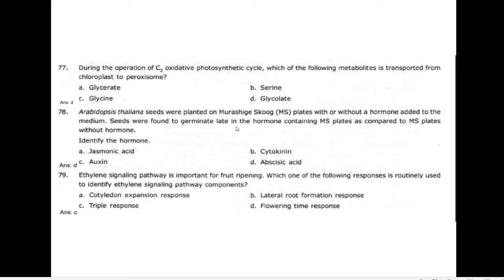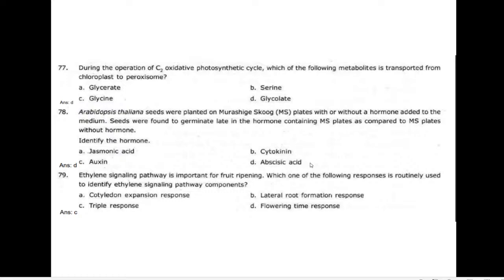There is delayed germination in the hormone-containing MS plate. The plate has a hormone, so it should grow fast, but there is a delay compared to the MS plate without hormone. Identify the hormone.